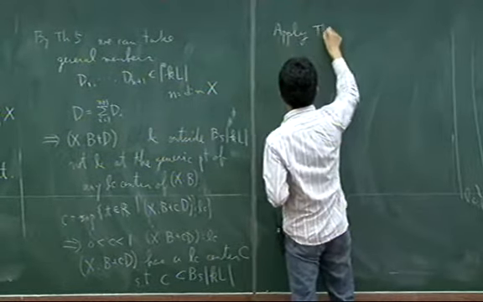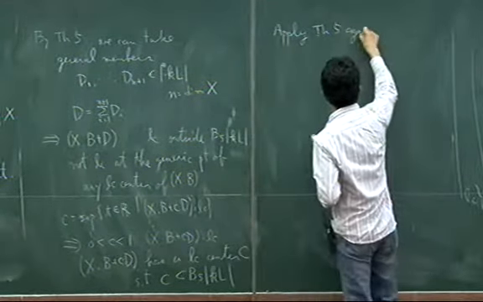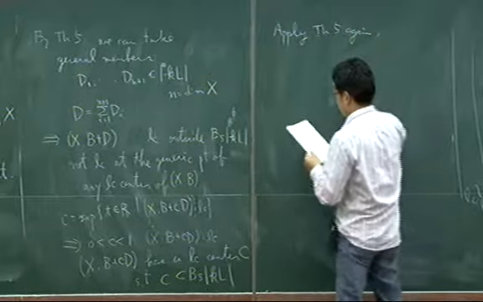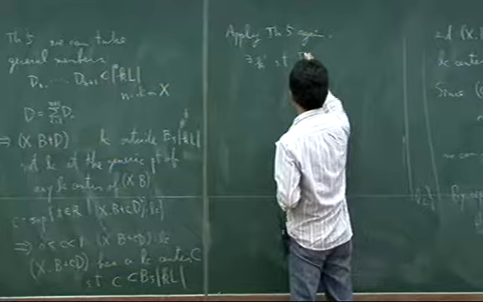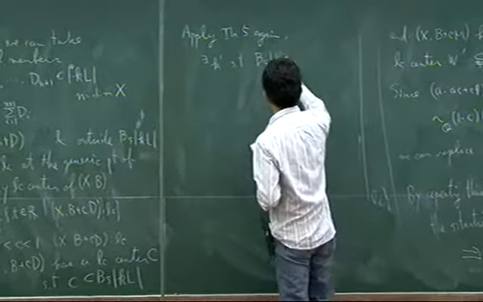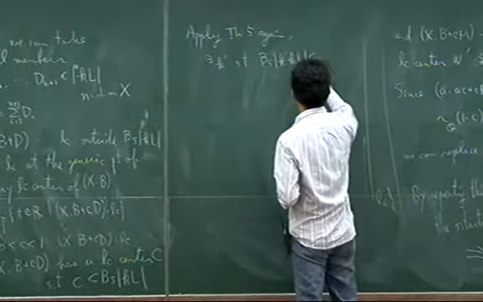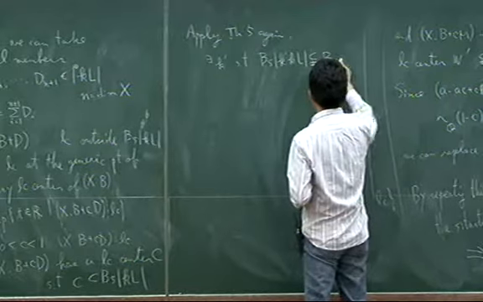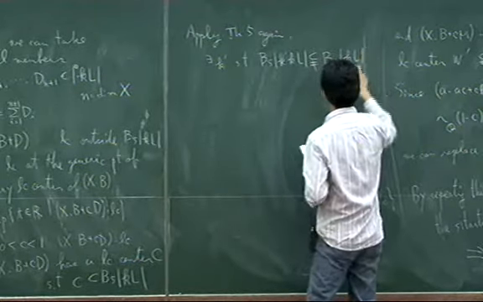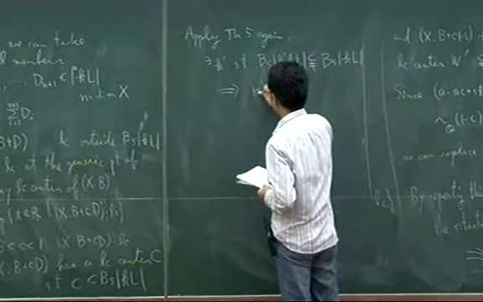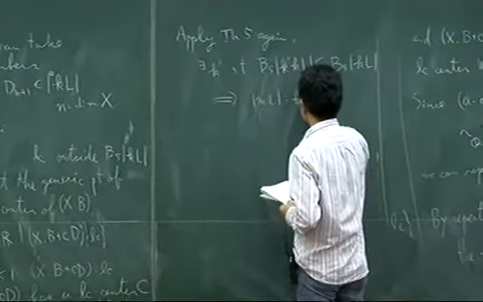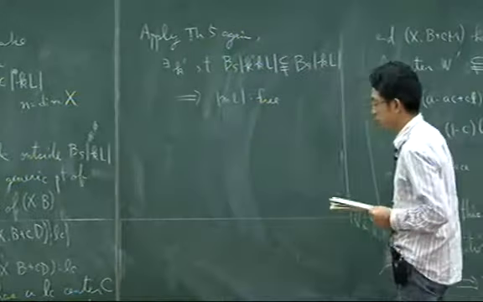Apply theorem 5 again. Again, we can find k prime such that the base locus of |k'kL| is strictly contained in the base locus of |kL|. By Noetherian induction, we obtain that ML is free for some positive integer m.